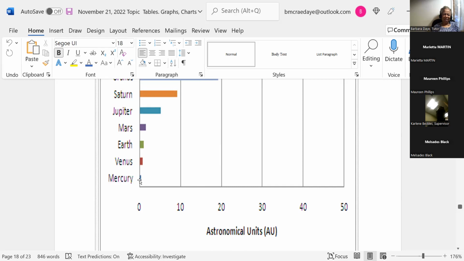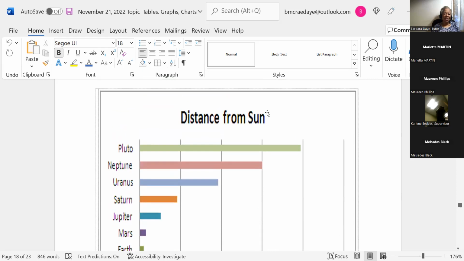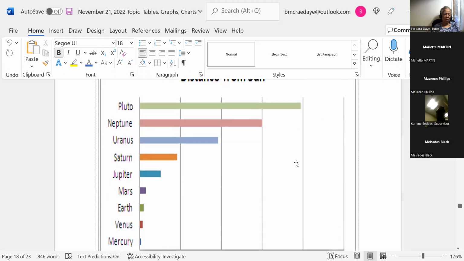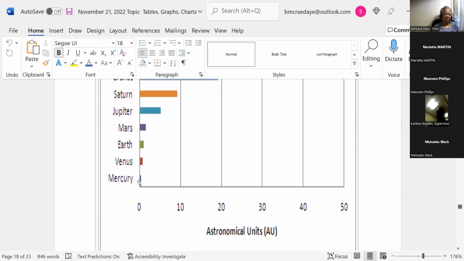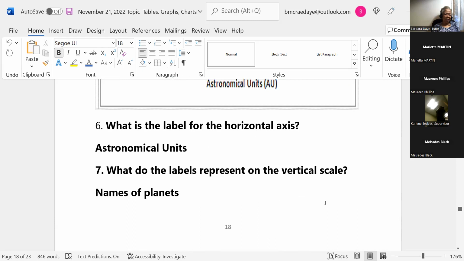No, it's the sun. See the bar right there? You don't have to see the sun. It says distance from the sun or these values on the bar graph. All right. So astronomical units, Pluto is close to 40, whereas Mercury is just above 0. So it's about 1.